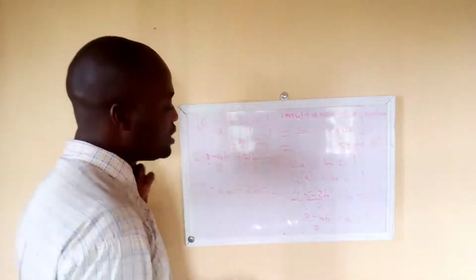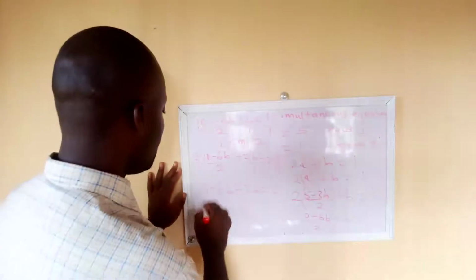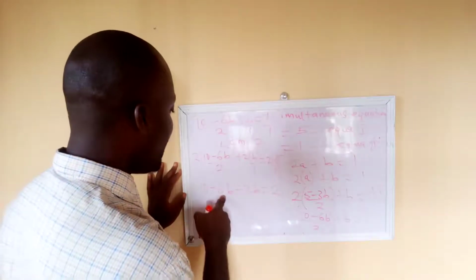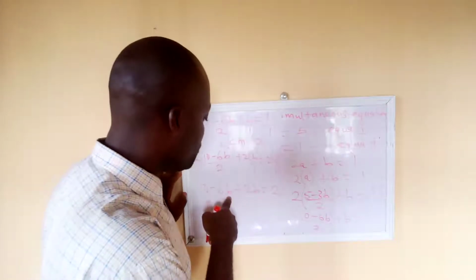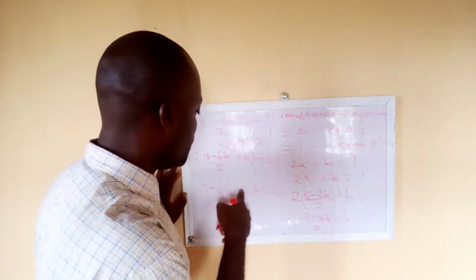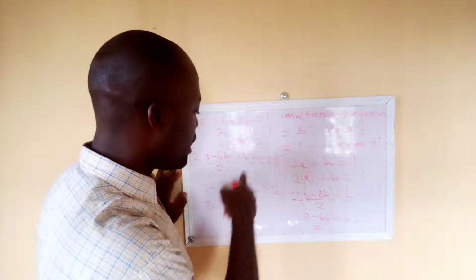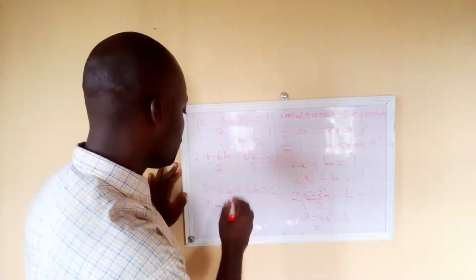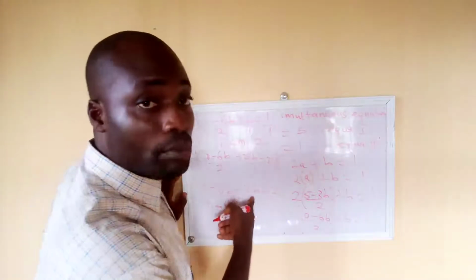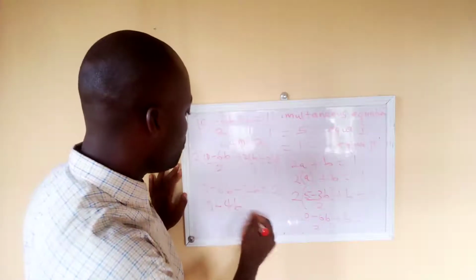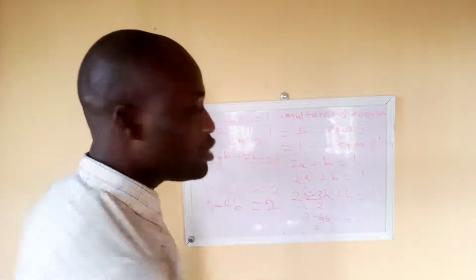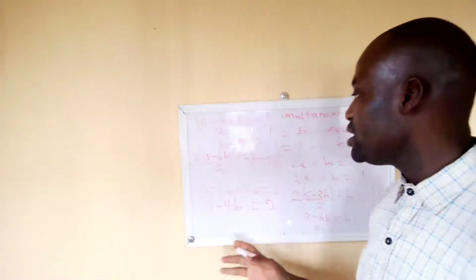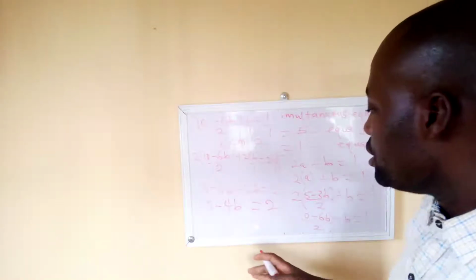Then you collect like terms. 10 minus 6b plus 2b. Minus 6b means someone is owing 6b. Plus 2b, you have paid back 2b. So you are still owing minus 4b. So minus 6b plus 2b is minus 4b, which will be equal to 2. So from here, we can look for the value of b.